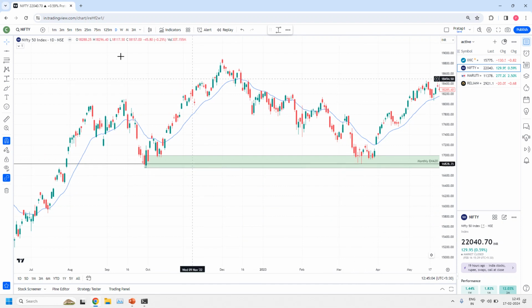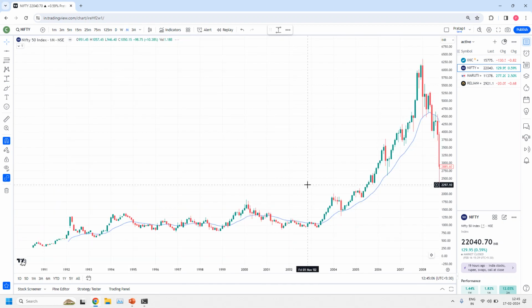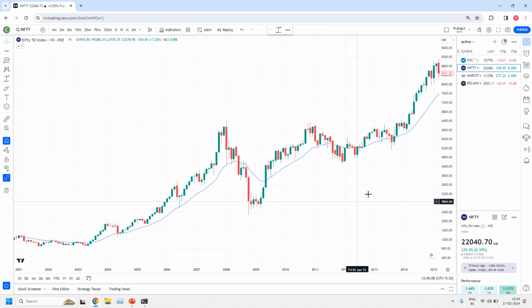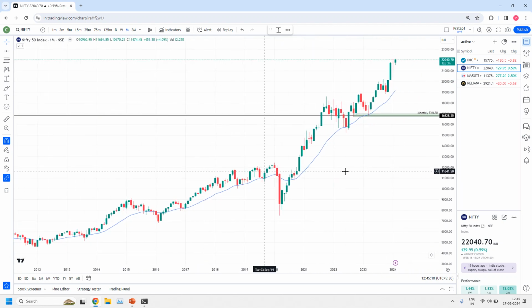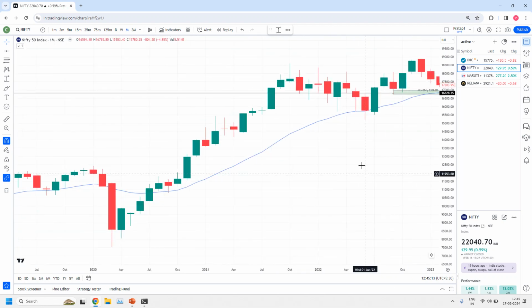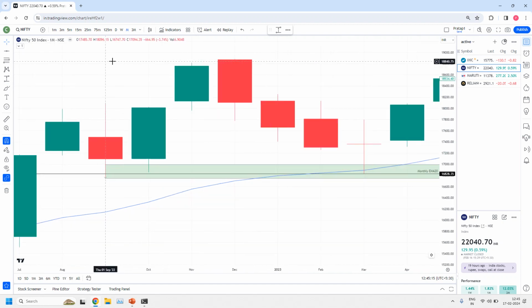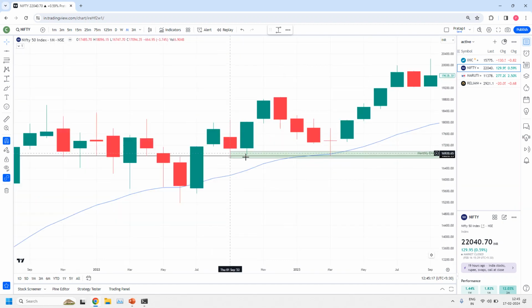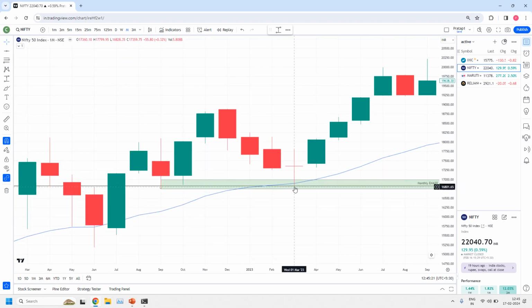To get clarity, go to the monthly time frame again. Already we drew the zone on daily. See here. Previously also on the monthly time frame this zone is tested. And see here, price overextension. At the time, monthly, this is a daily zone, but this daily zone is having monthly EMA confluence.